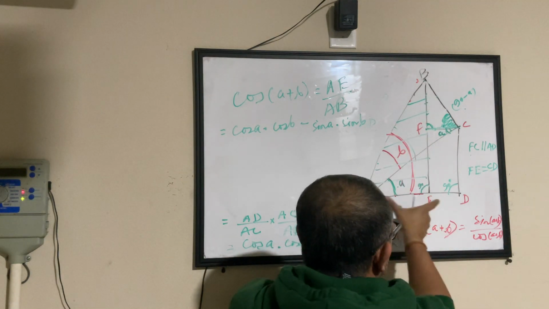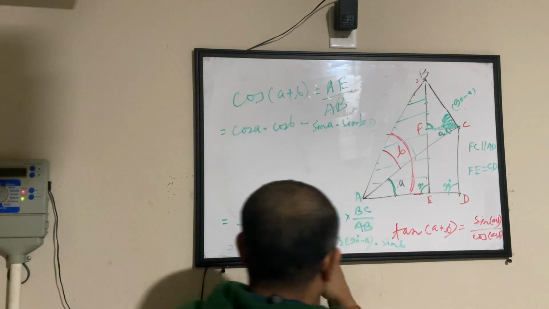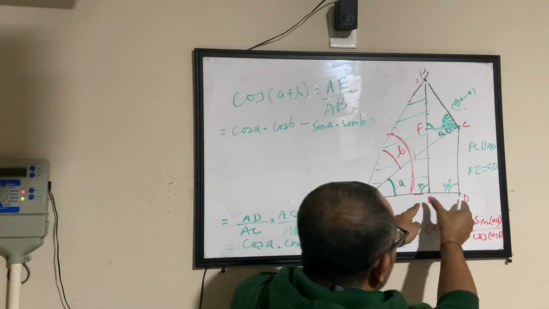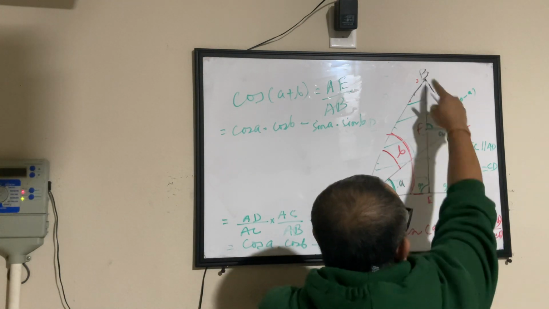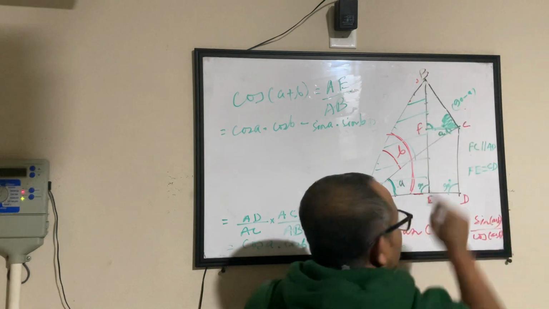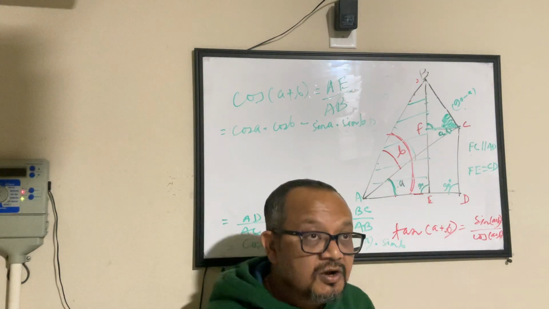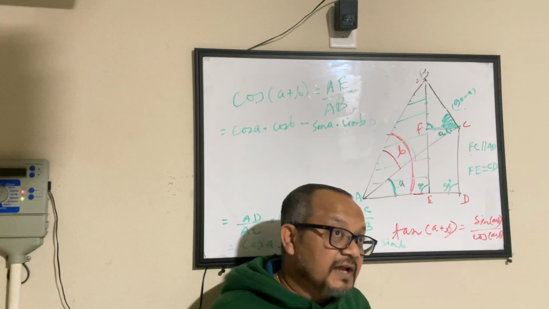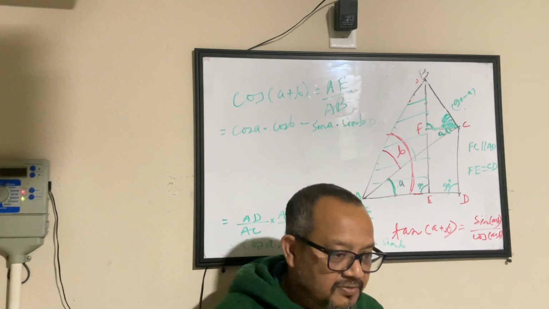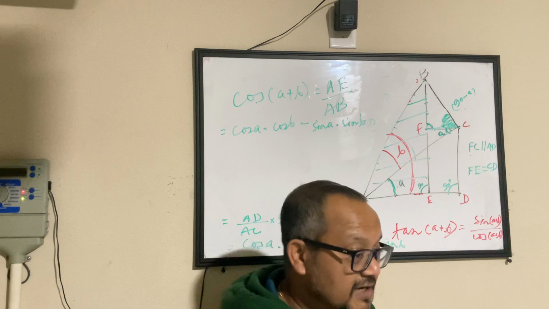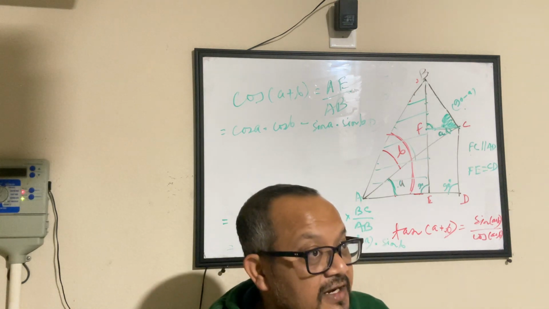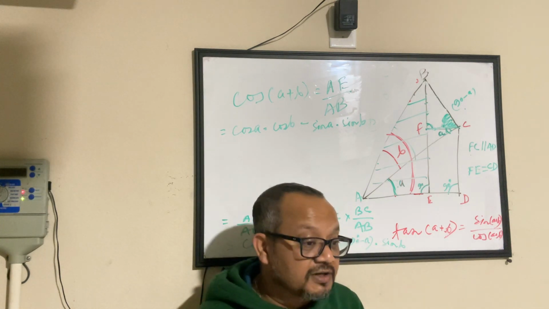So base is this minus this, and then we split that and looked at this piece, which is part of this triangle, so this again relates to the hypotenuse, and then it gives you cos of A times cos of B minus sin of A times sin of B. So these are two identities we learned, and we learned how those values are derived.